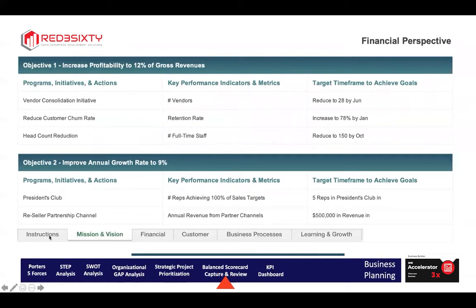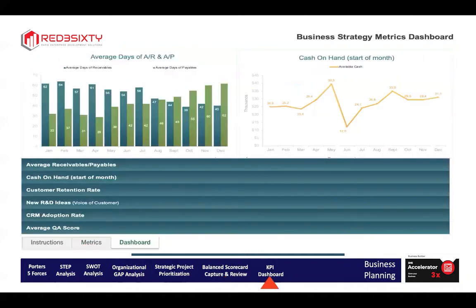This tool does include instructions, capturing the mission and vision, looking then at the 4 elements of the balanced scorecard: financial view, customer view, business process, and learning and growth within the organization. The tool will help you with each one of these steps to capture the key performance indicators and metrics and what the time frame is for achieving these.